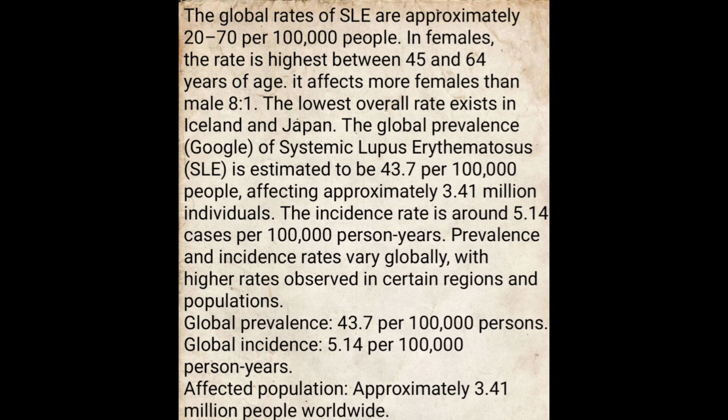Prevalence and incidence rate vary globally, with higher rates observed in certain regions and populations, especially in the black skin, Asia and Africa. Global prevalence 43.7 per 100,000 persons. Global incidence is 5.14. Affected population approximately 3.41 million people worldwide.